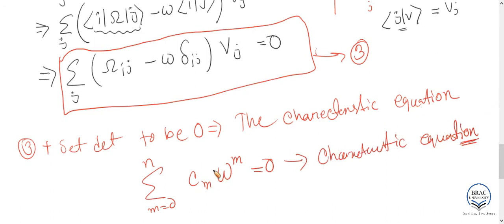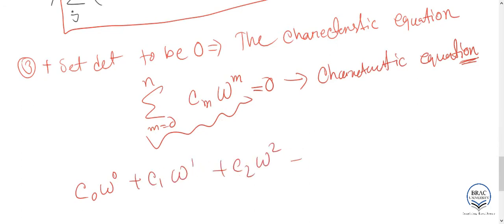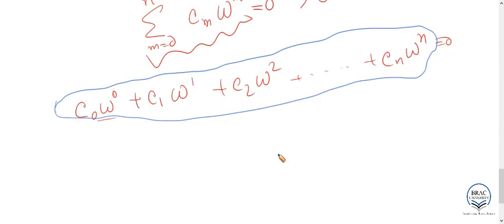Look at this, this is an expansion in the form of C0 omega to the 0, C1 omega to the 1, C2 omega squared, and so on up to Cn omega to the n, and this equals 0. So this is a polynomial over here, and this is called the characteristic polynomial.